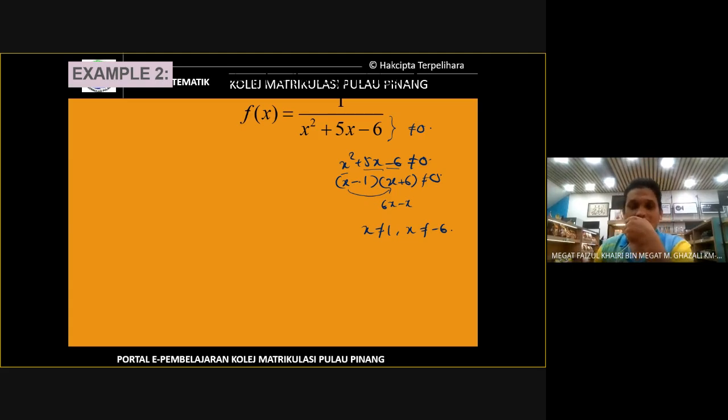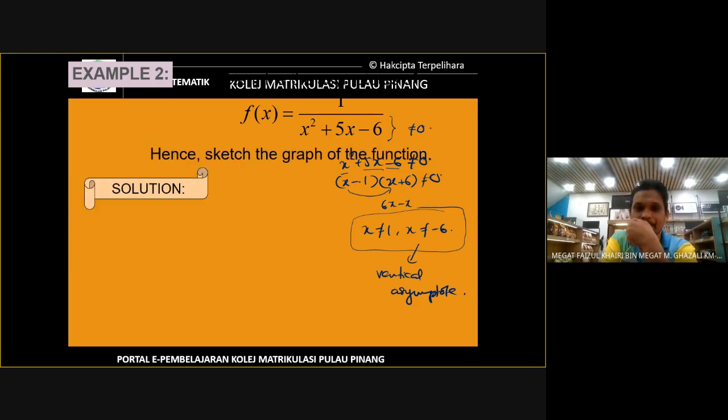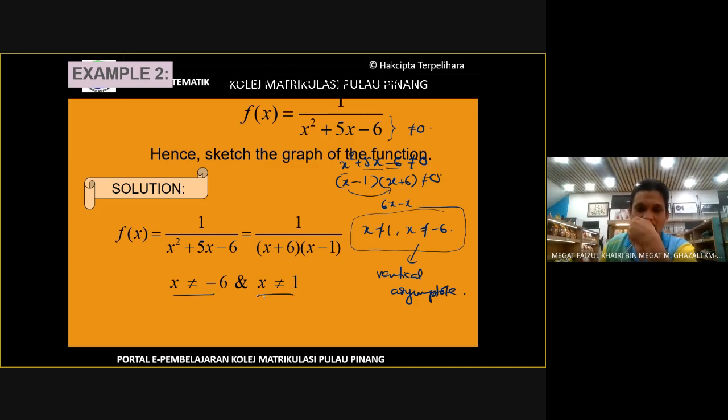Class, if you find the values of x that make the denominator equal to 0, x cannot be equal to these, automatically it tells us that these are the vertical asymptotes of the graph. So x cannot be equal to -6 and x cannot be equal to 1, and automatically these are your vertical asymptotes.